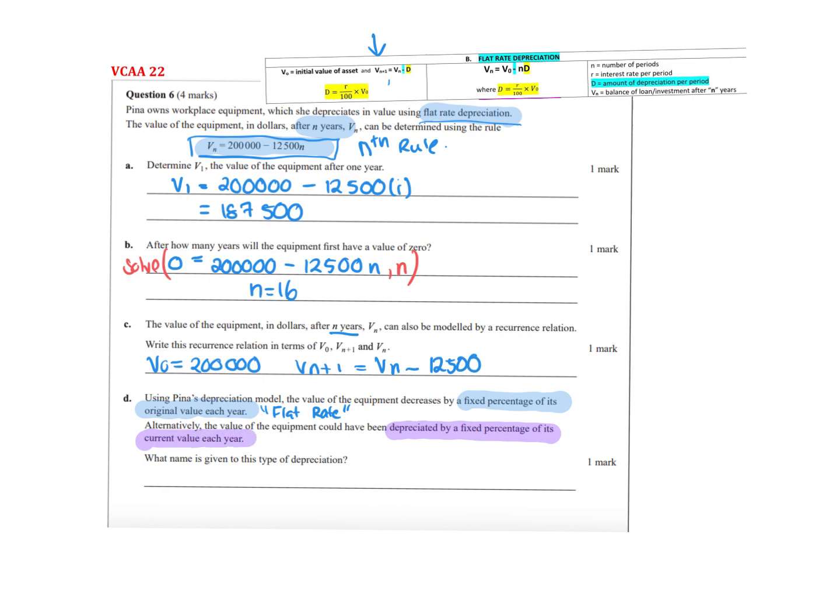What that means is it's the same percentage, but it's dropping off, say you had, it's dropping by 8% in the first year of the original value, then it drops by 8% of what the value is now. So that's called reducing balance depreciation, which we're about to do, but you can just write your answer in there, reducing balance depreciation. So that's when you're taking it off the percentage of the new total every year. Okay, so that's a way of saying that.